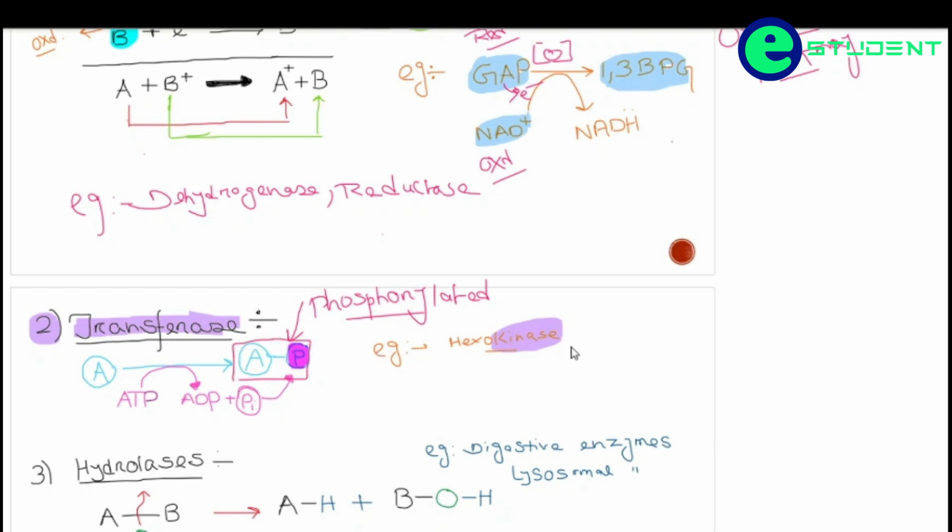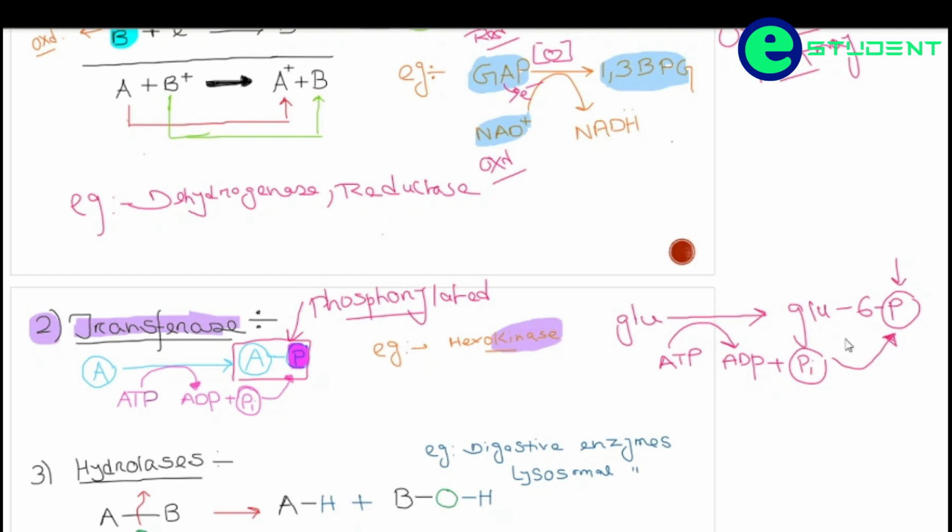If I come to an example, you all know the first step of glycolysis, where glucose is converted into glucose 6-phosphate. This phosphate group comes from ATP, where ATP is converted into ADP, and the inorganic phosphate group left by ATP during its hydrolysis is donated to the glucose molecule at its 6th position.